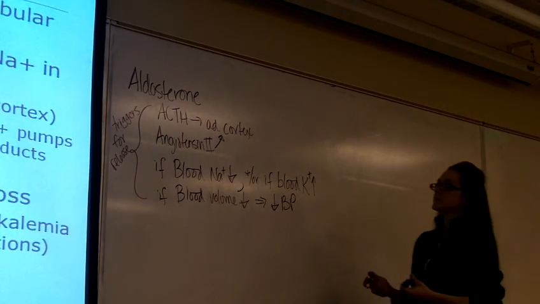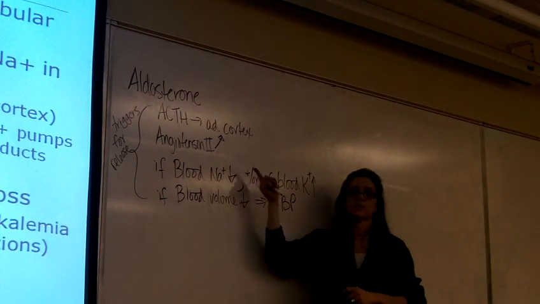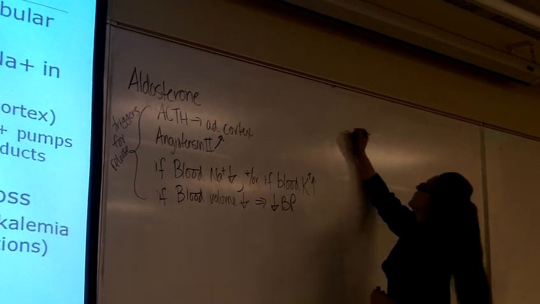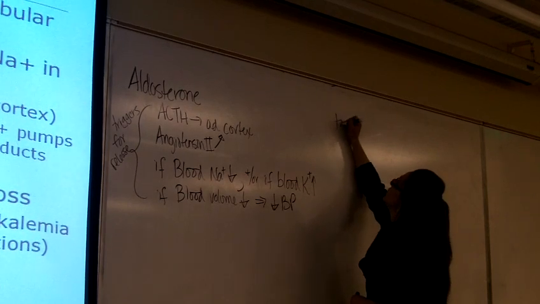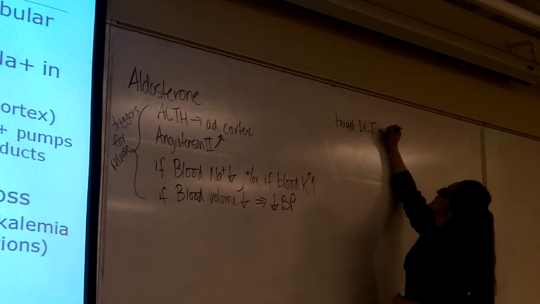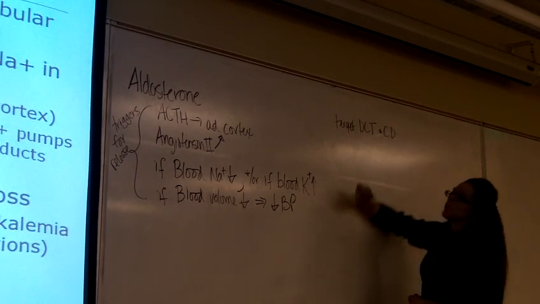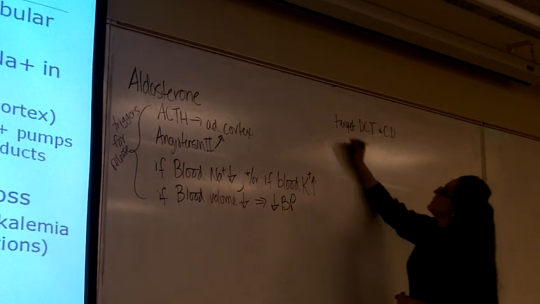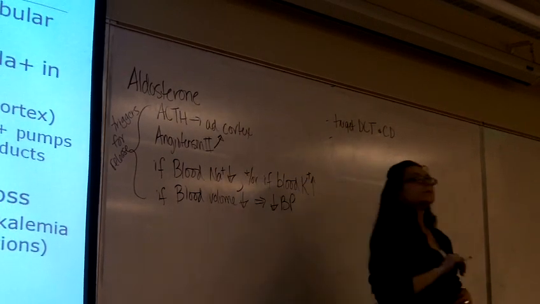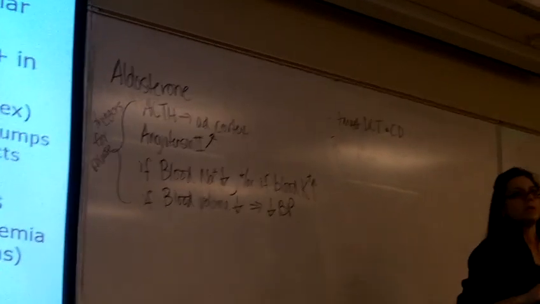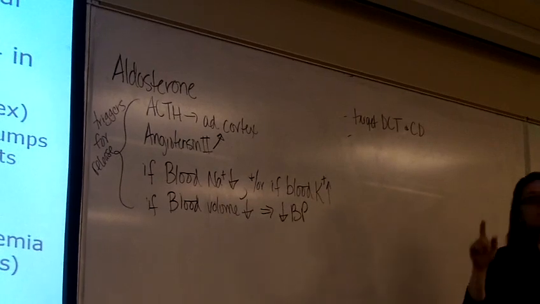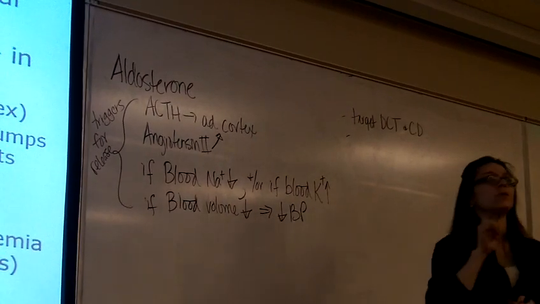So what aldosterone is going to do is bring these back up into homeostatic range. So the way aldosterone works is it's going to target the DCT and collecting ducts. And remember, aldosterone is a steroid hormone, not a protein-based hormone. So that means it can go into the nucleus and it can turn genes on or off.